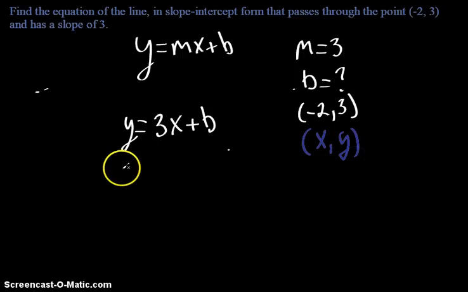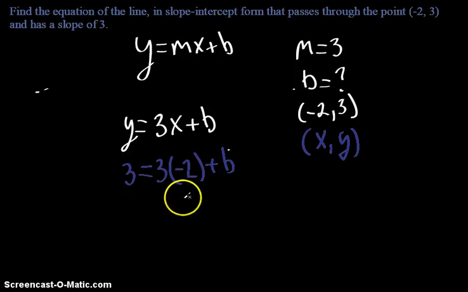So my y value is 3, so I have 3 equals, and I still have my 3 for my slope before, times my x is -2, and I still have my plus b. What this is going to allow me to do now is solve for my b value. So I'm going to solve that just like I do any other equation.